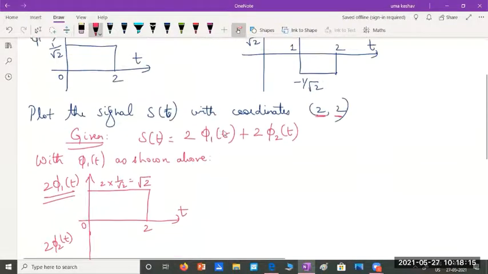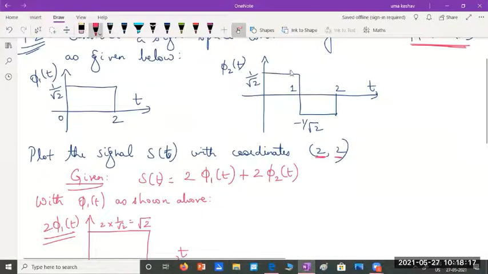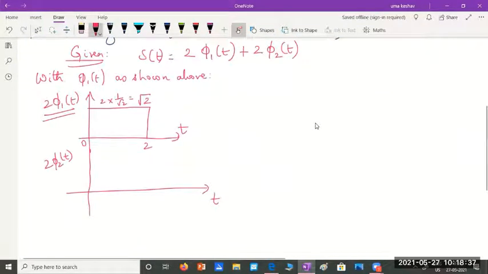Let's have a look at phi 2 of t. It's like a square wave having amplitude plus 1 by root 2 between 0 to 1 and minus 1 by root 2 between 1 to 2. So both the values I should multiply with 2. Yes or no? It is 2 phi 2 which I am trying to get. So both the magnitudes I'll multiply with 2.